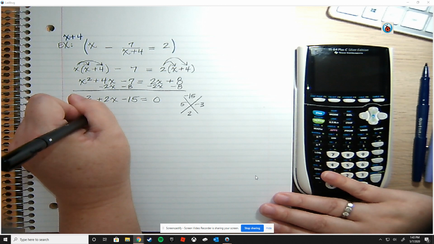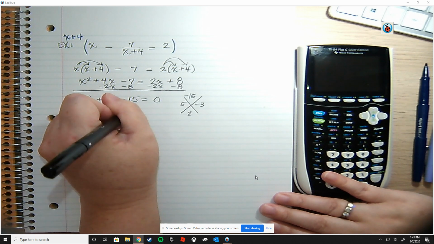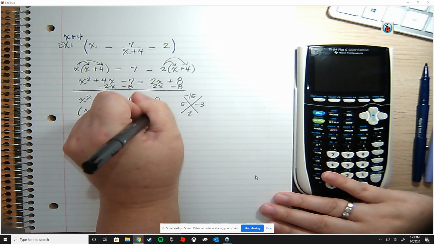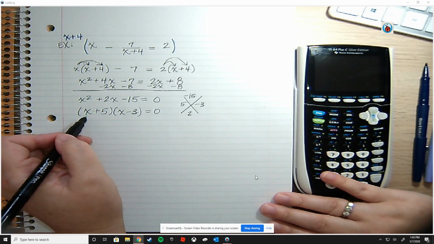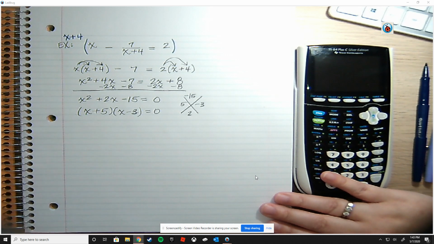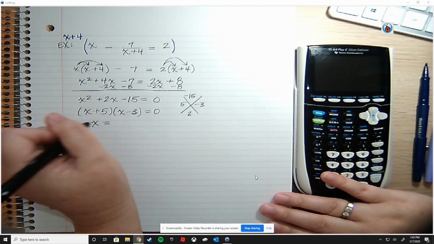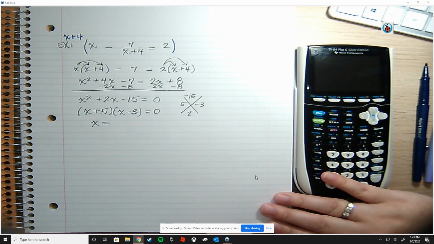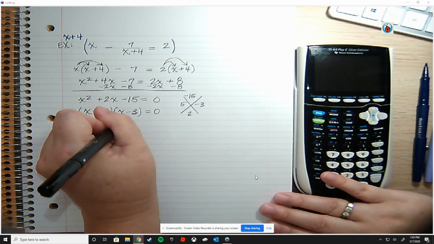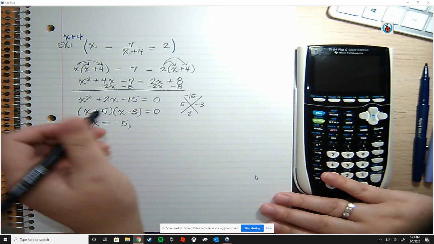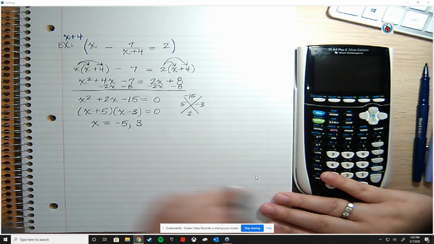So I get (x plus 5)(x minus 3) equals 0. Then I can solve x plus 5 equals 0, but if you remember, we can go with the shortcut of just taking the opposite of the numerical value. So negative 5 is my first answer, and 3 is my second answer.